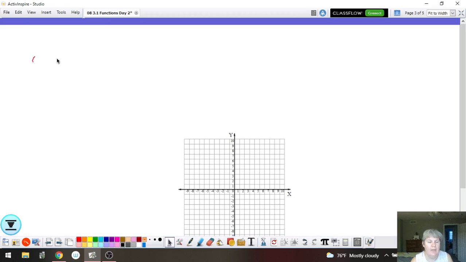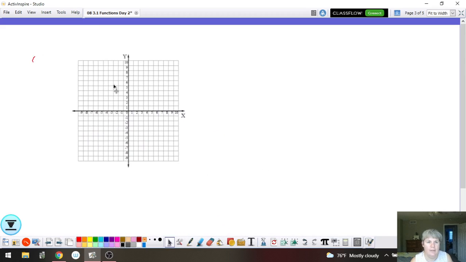If I have a graph that looks like this, I have an open circle, and then I am going down to this point that has a closed circle, and I need to write my domain and range. So for my domain, I'm still looking at the x values.